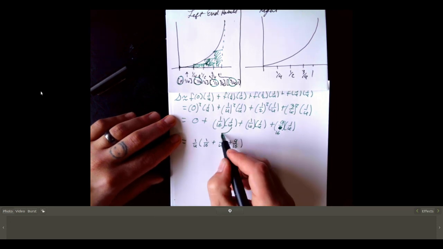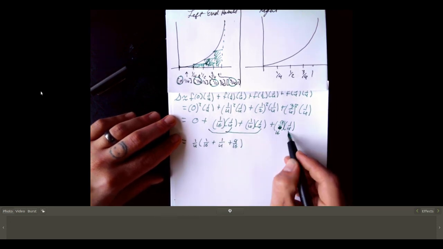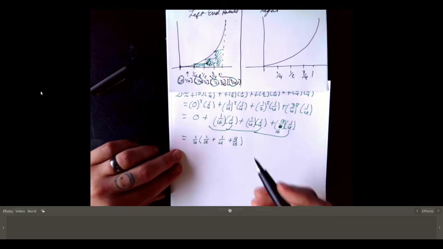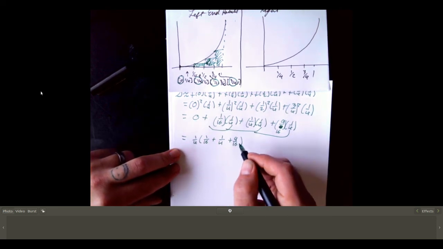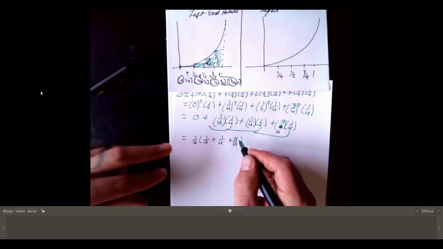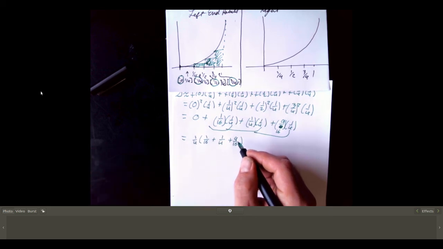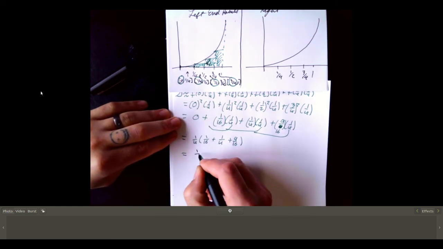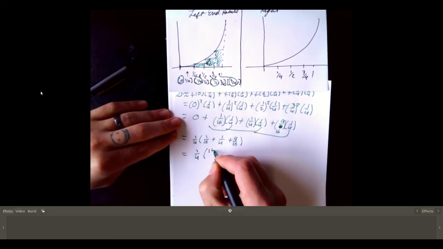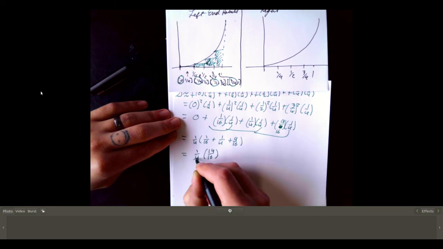I just factored out this 1/4, this 1/4, and this 1/4. 1/4 is the same as 4/16 plus 9/16 is 13/16. Plus 1 gives us 14/16. So this is 1/4 of 14/16.